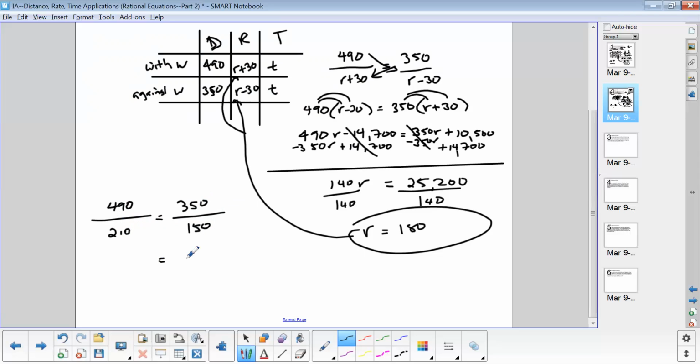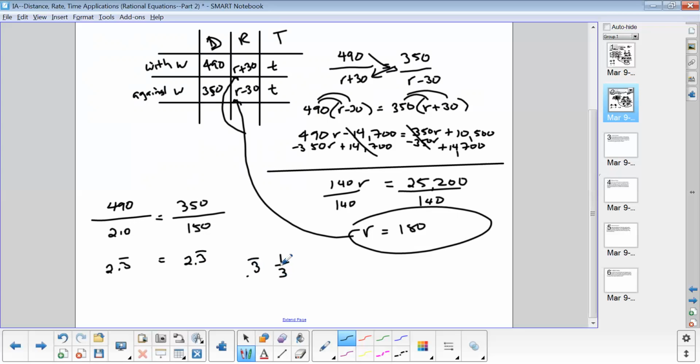So you look at the results here. 490 divided by 210 is 2 3/10 repeating, and 350 divided by 150 is 2 3/10 repeating. So remember, this 3/10 repeating is the same as a third.